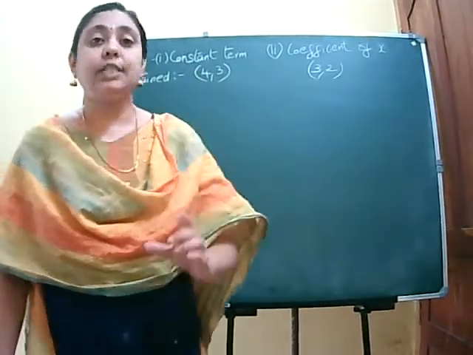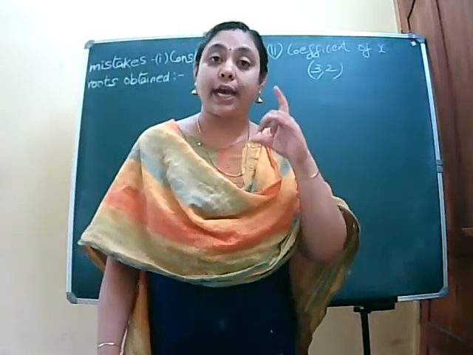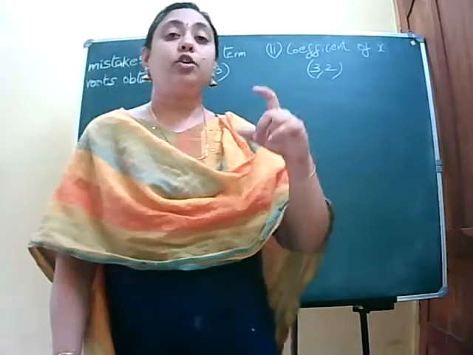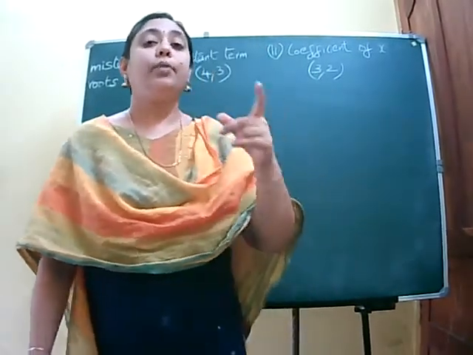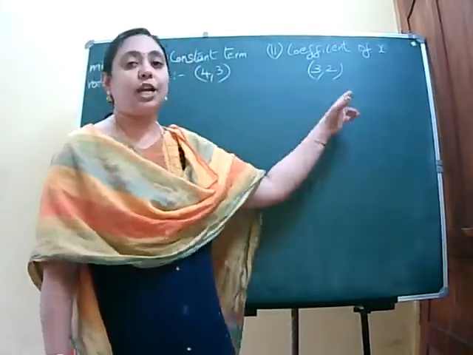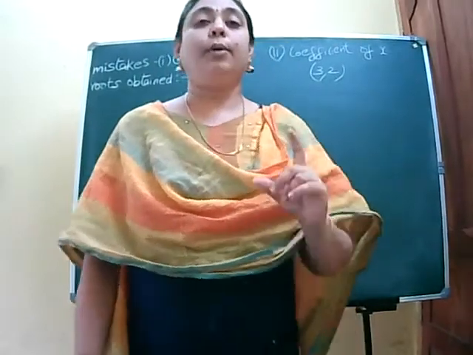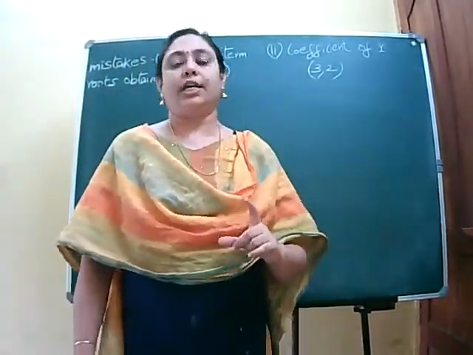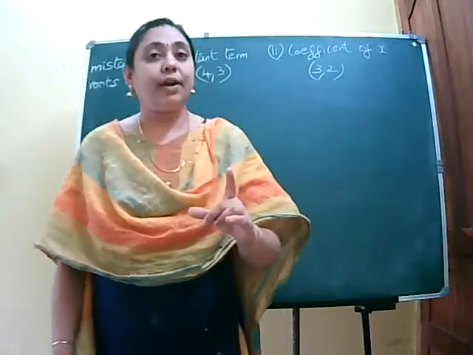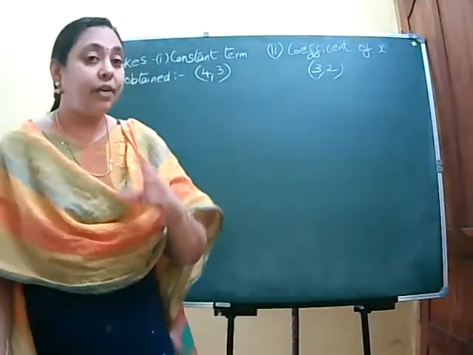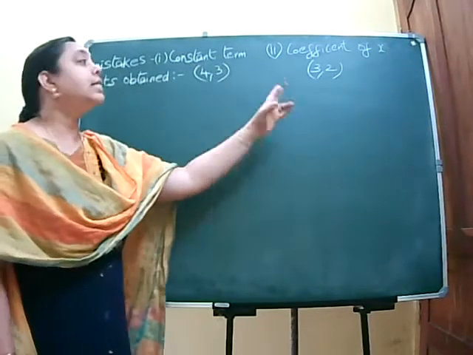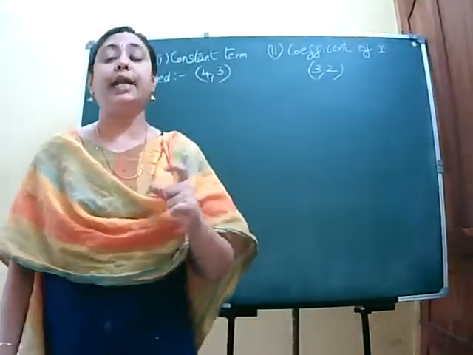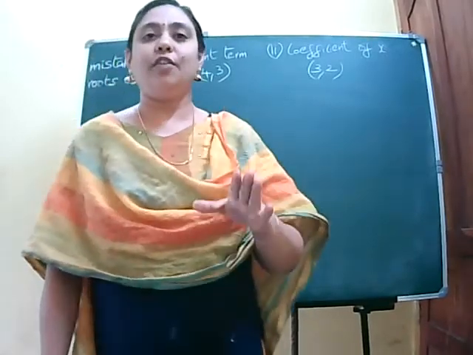Similarly, the second student makes the mistake in writing down the coefficient of x, and solving that wrong equation, he obtained the results 3 and 2. We are not given the equation, only these hints, and from these hints we have to find the correct equation and hence solve it.